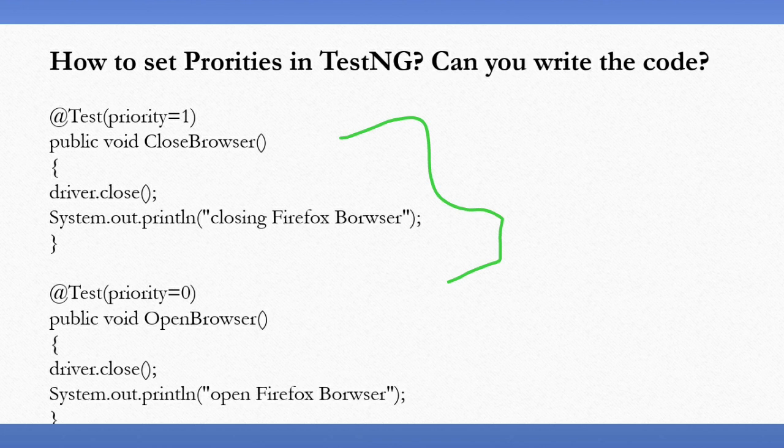So here I am giving the method close browser. Within that I am writing one test script, and again one more @Test with priority equal to 0. So which one will execute first? Priority 0 will execute first. That means it will open the browser and then close the browser.